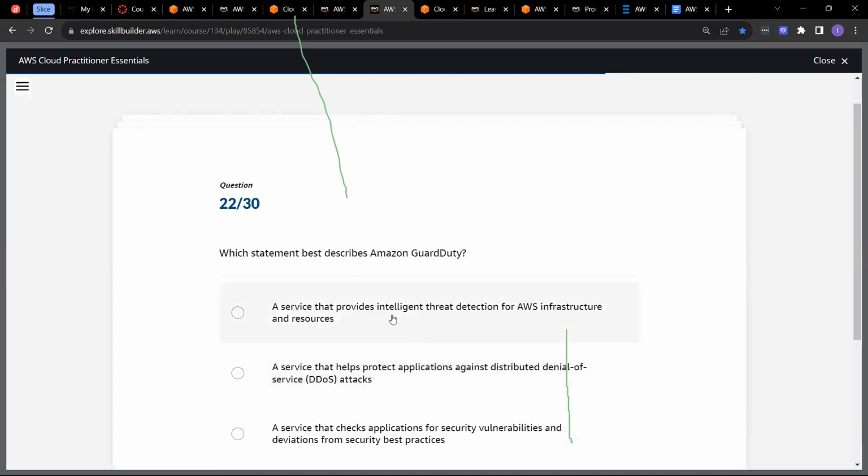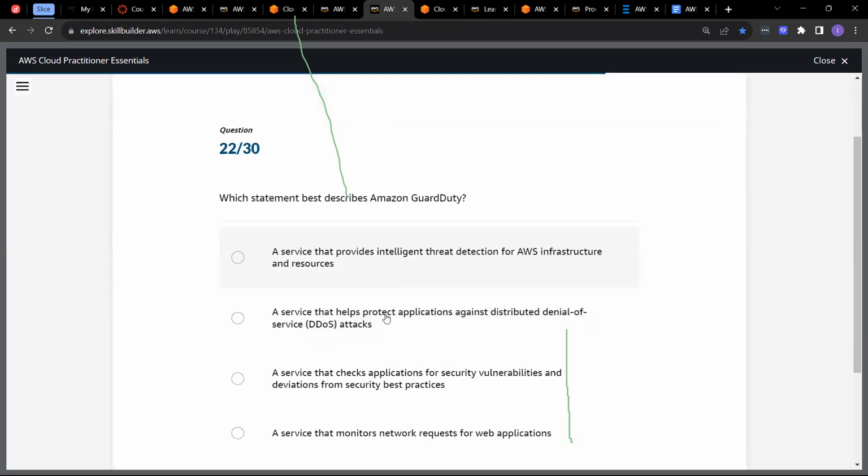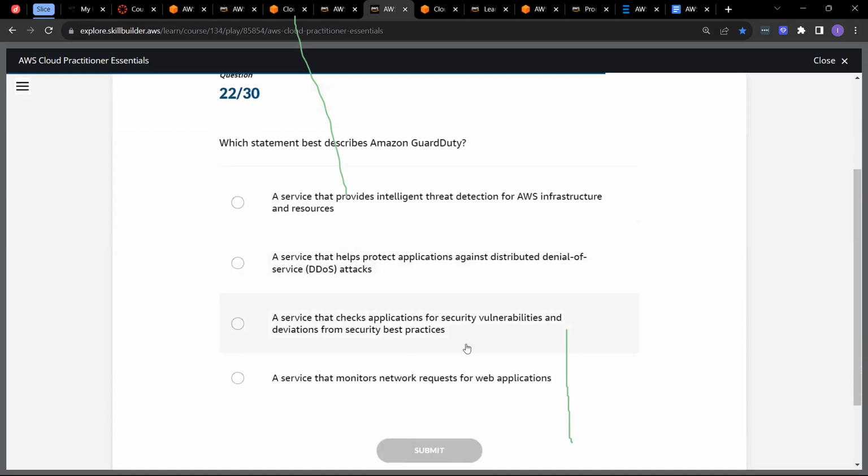All right. So which statement best describes Amazon GuardDuty? Now, anytime you see denial of service attacks, know that it is AWS Shield. So that one is out. A service that checks applications for security vulnerabilities and deviations from security best practices is related to Trusted Advisor.